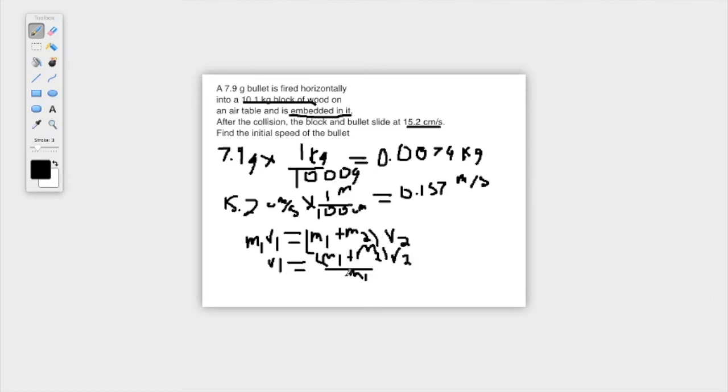So when you plug everything in, you should get 194.5 meters per second.